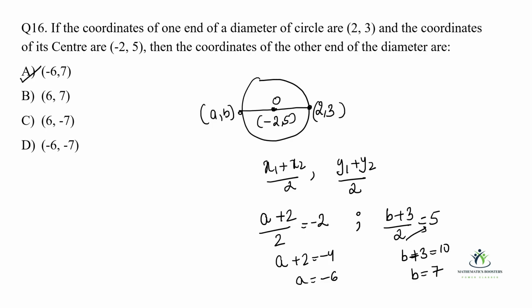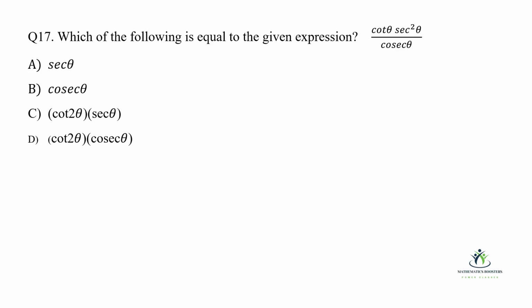So A part. Next, which of the following is equal to the given expression? So change everything into sine and cos. Cot theta is cos theta upon sine theta. Sec square theta is 1 upon cos square theta, divided by cosec theta, which is 1 upon sine theta.